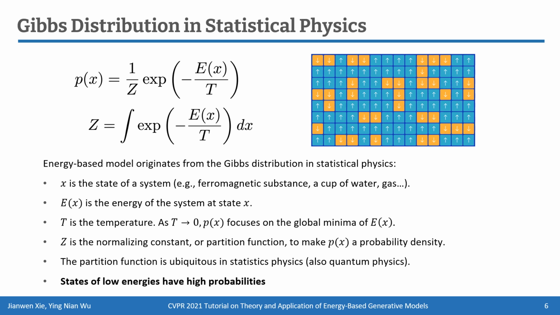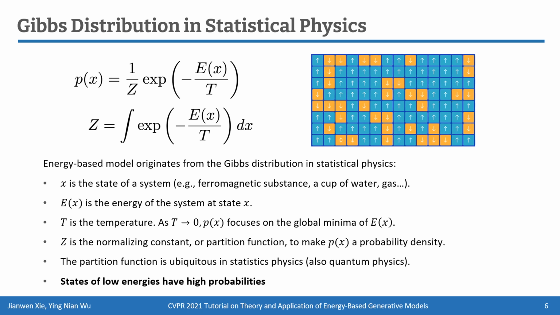Energy-based model originates from the Gibbs distribution in statistical physics. In the Gibbs distribution, X is the state of a system, for example, a cup of water or gas. E of X is the energy of the system at state X. T is the temperature.